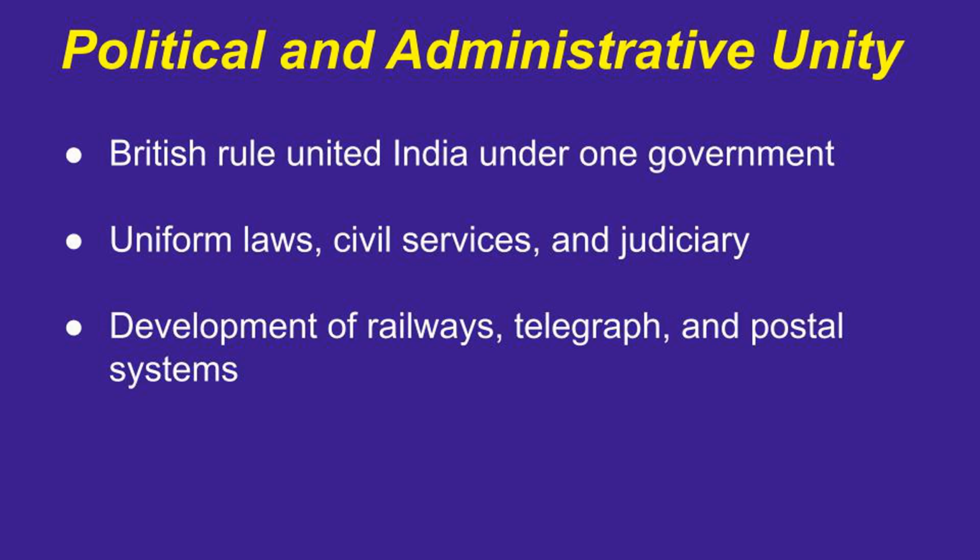These tools, though meant to strengthen colonial control, actually brought Indians closer together. People could now travel, communicate, and share ideas across regions. This created, for the first time, a sense of political unity and a common identity among Indians.